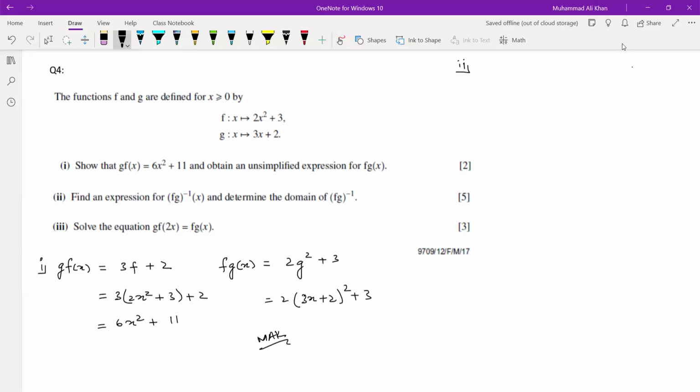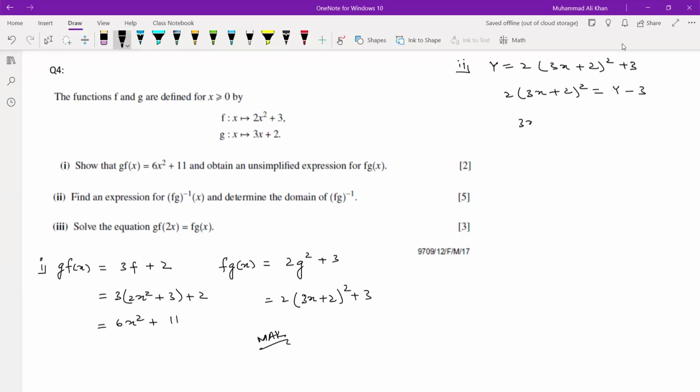find an expression of fg inverse. We have to calculate fg inverse. So y equals to 2, 3x plus 2 whole square plus 3. Now, it will be 2, 3x plus 2 whole square equals to y minus 3.